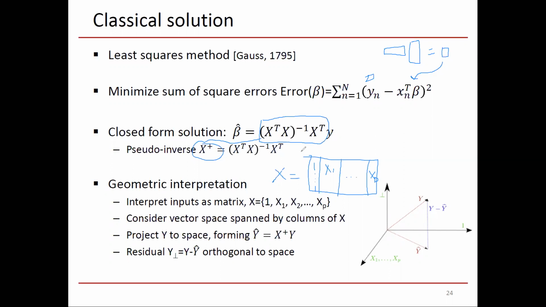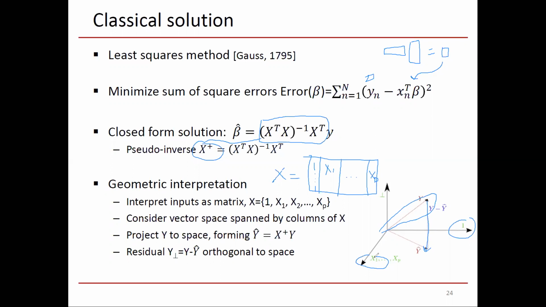So we have the 1 as one of the axes, and x1, x2, up to xp are different axes, and we're looking at y. Y is a vector, and we're projecting it to the subspace, the plane, what appears to be the plane in this illustration, spanned by all of these columns.